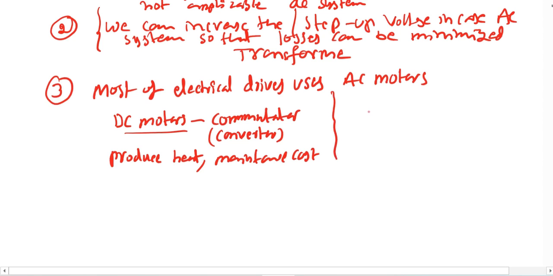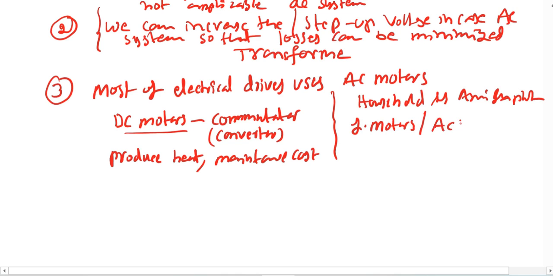So for our household applications, as well as for agricultural applications, mostly we are using induction motors, or you can call them AC motors. In household applications, agricultural water pumping motors, or industrial applications, we are mostly going with AC motors.